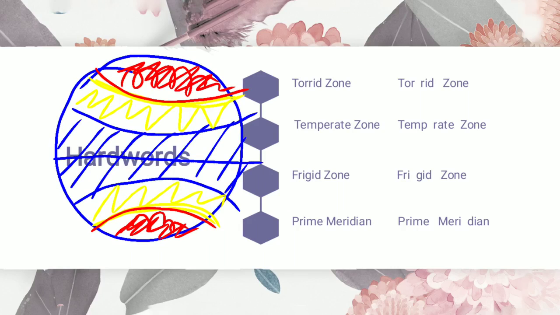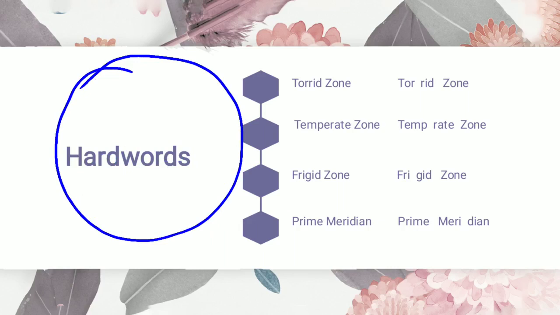Now, prime meridian. The meaning of this word is the vertical line drawn from North Pole to South Pole.